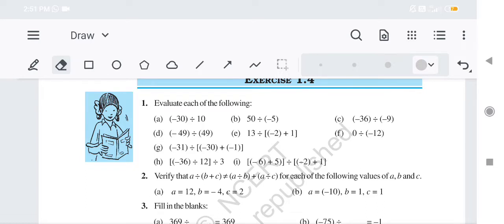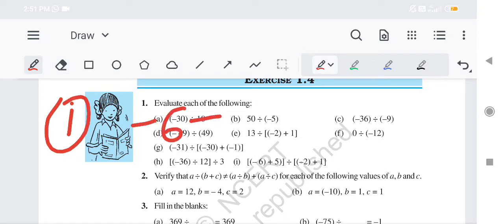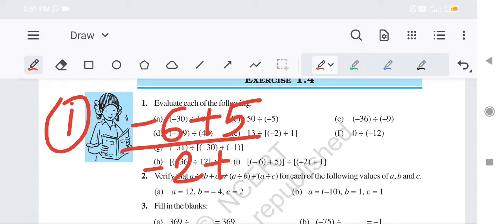Now the rest of the sums will be done by yourself, but I will do the last one only. In the last sum it is written minus 6 plus 5 divided by minus 2 plus 1. I am not writing any brackets in this sum, because I am simply removing the bracket by changing its signs.